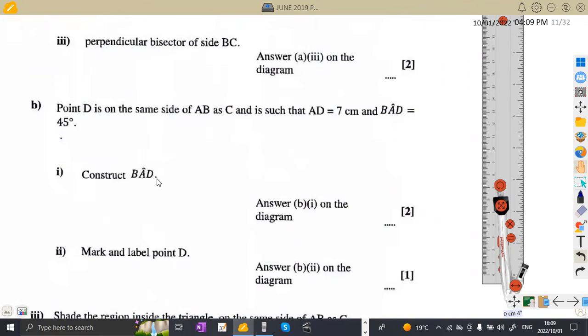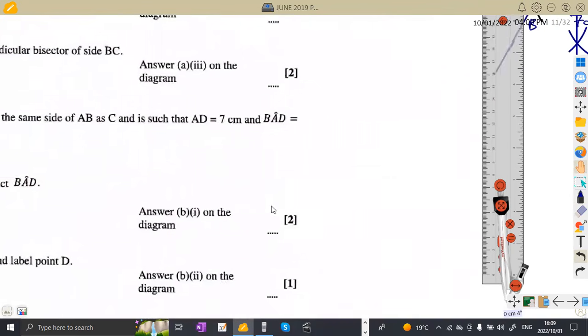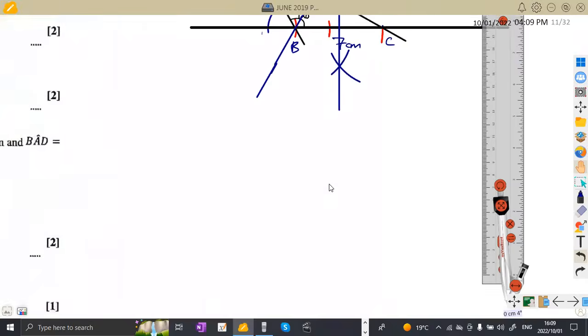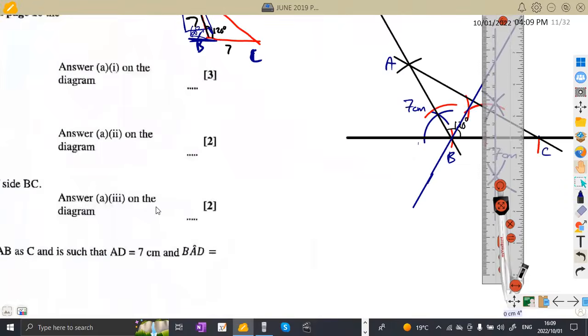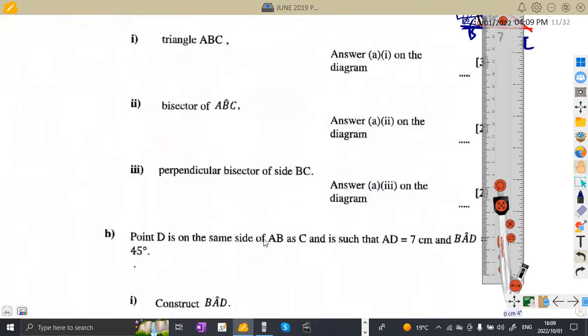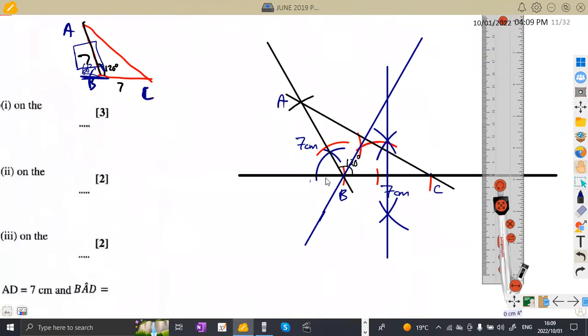Okay, so construct BAD. There is BA to point D. But for the point D, we are told where it's supposed to be. Take note, it's on the same side of AB as C, which means on this side. So that is where our D is supposed to be located, somewhere on this side here.